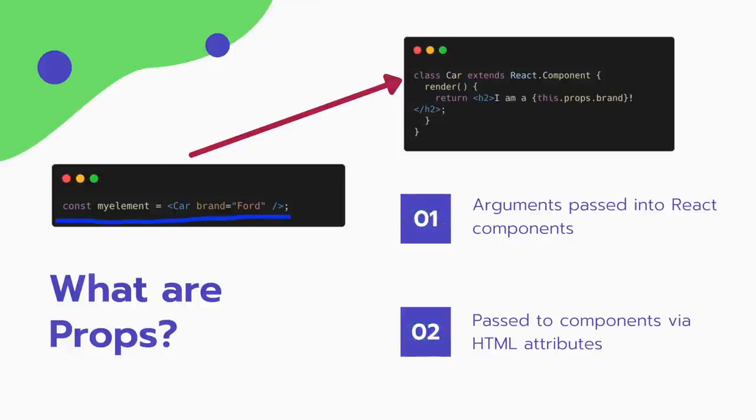This is a component. And we're passing in a prop called brand, and we're passing the value Ford. And so when we have a component here, we can actually use props.brand to get us this Ford value. It's as simple as that, right? We're passing props via HTML attributes, and these right here are called HTML attributes.